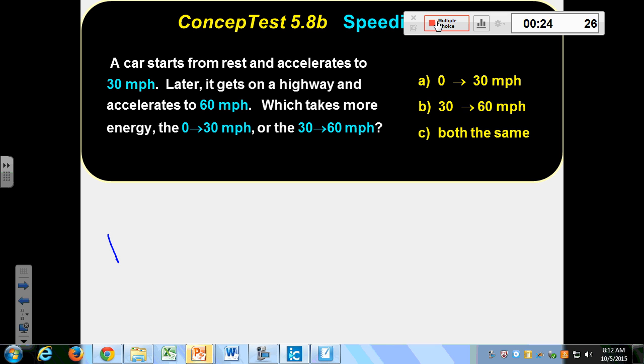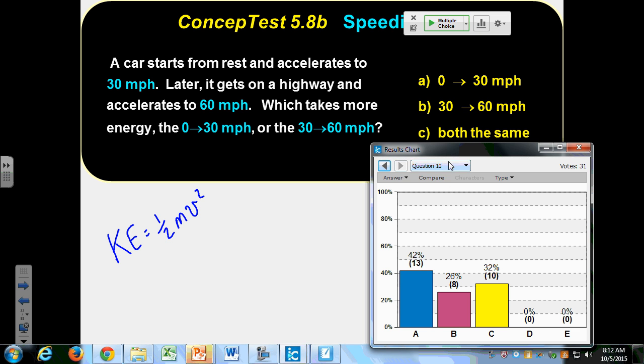Think about your kinetic energy. All right, I'll stop at 45, 45. Okay, we're all over the board here.